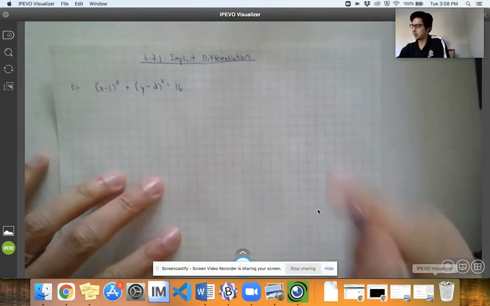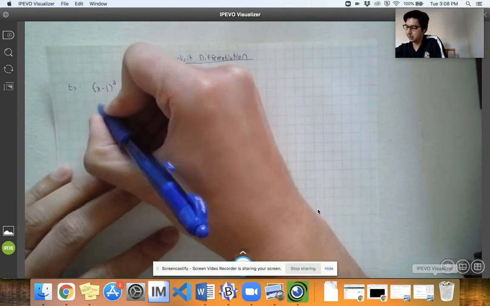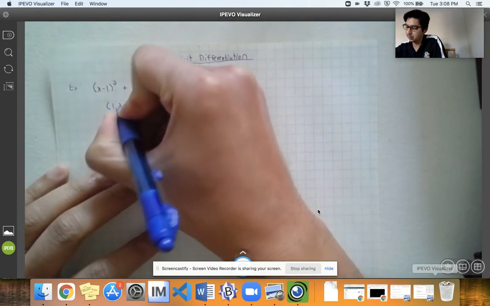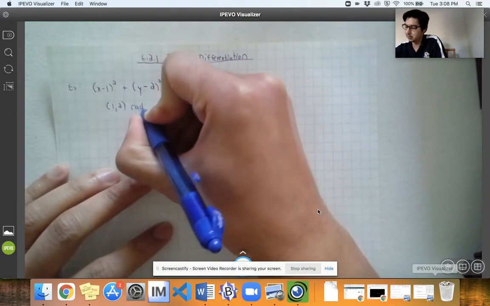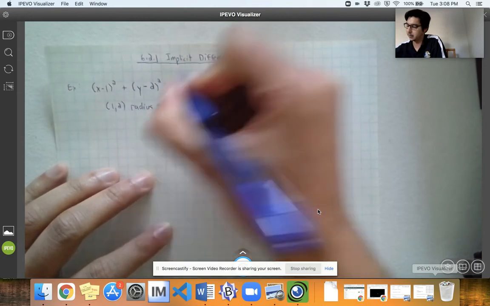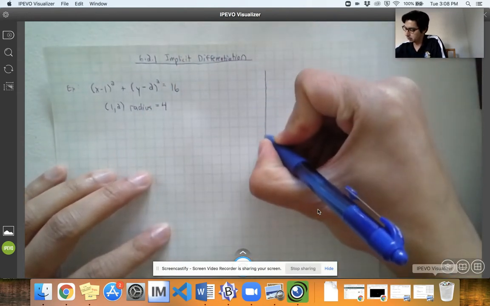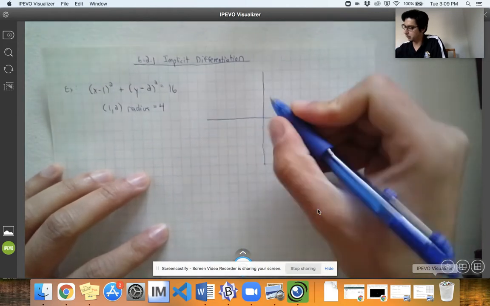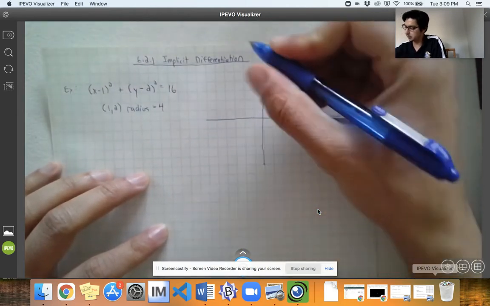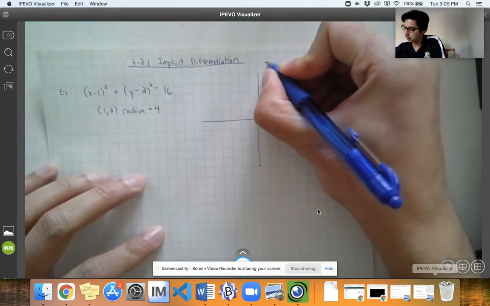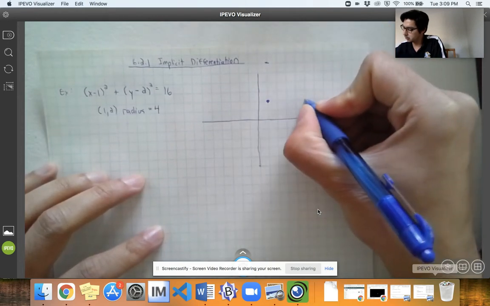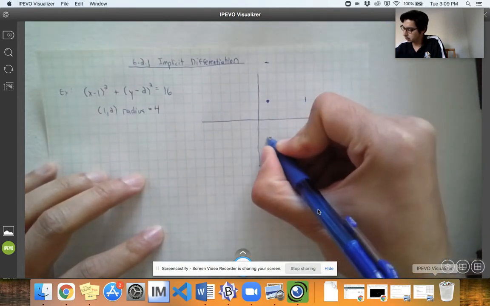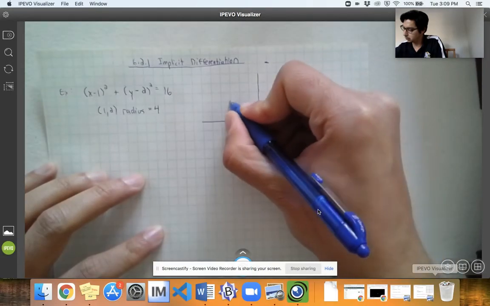If you recall, that means you're going to have a center at (1, 2) with a radius of 4. So if I was to make a circle here, we have (1, 2), a radius of 4. It's going to be up here. 1, 2, 3, 4. 1, 2, 3, 4.